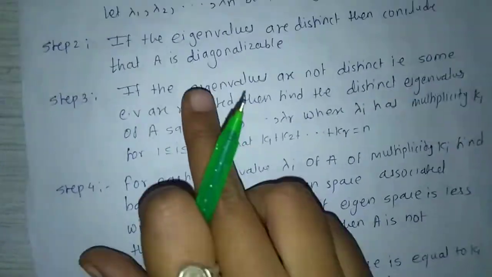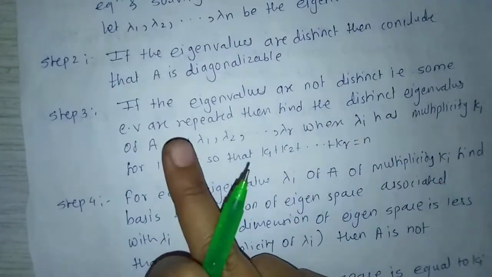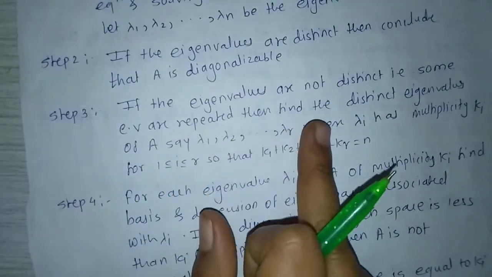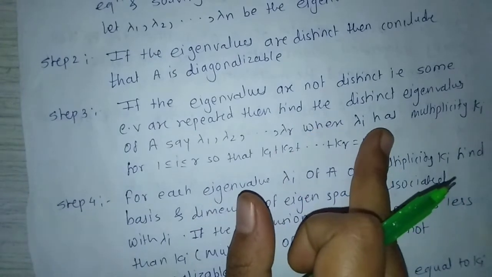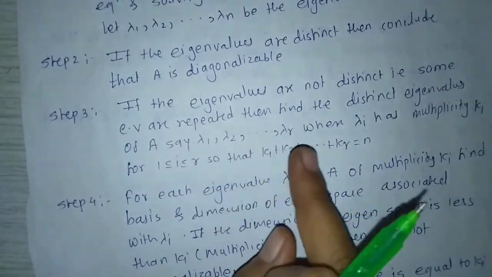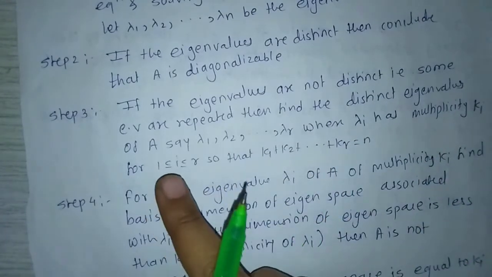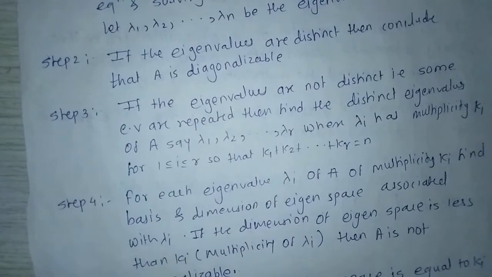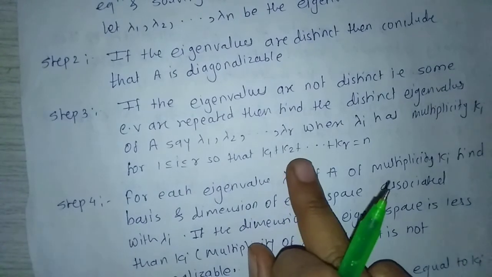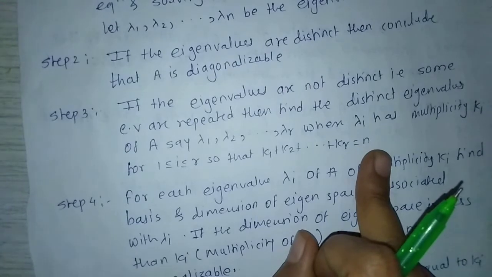Step 3, if the eigenvalues are not distinct, that is some eigenvalues are repeated, then find the distinct eigenvalues of A, say lambda 1, lambda 2 and so on lambda r, where lambda i has multiplicity ki for 1 less than or equal to i less than or equal to r, so that k1 plus k2 plus and so on plus kr equals n.